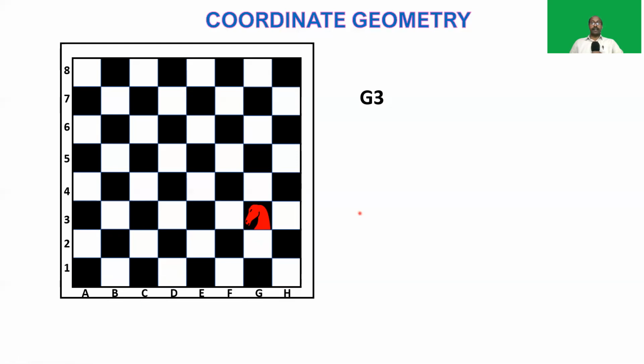And again, it is moving into another box and then the position is E4, isn't it? Horizontally it is in E and vertically in fourth. So the position of the knight is E4. And now the position of the knight is D6.